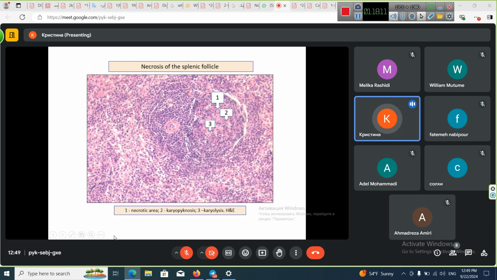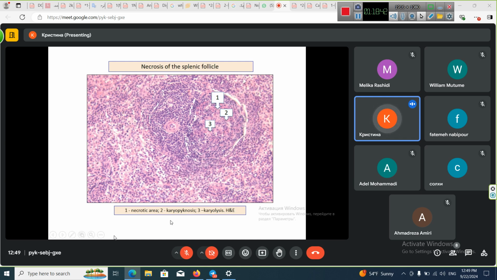So, in this area, you see normal alive cells, the cells which surround our splenic follicle. But inside the follicle, in the area where we have 1, 2, and 3 arrows, here we have necrosis. So all this is the necrotic area. Number 2 is for karyopyknosis, and number 3 is for karyolysis.